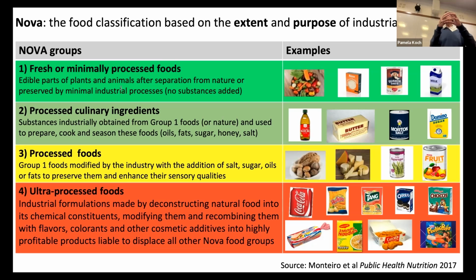So essentially, ultra-processed foods are products derived from the deconstruction of whole foods into parts: protein isolates, starches, oils, fats, modified starches. All these substances that were obtained from foods, separated from foods, are re-engineered again.